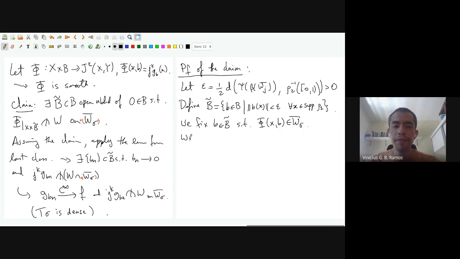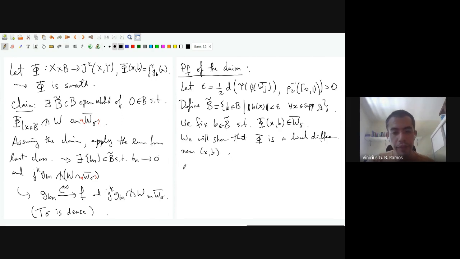Now we will show that phi is a local diffeomorphism near xb. Okay? And if it's a local diffeomorphism, as I said, the derivative will be surjective, and therefore phi is transverse to anything.